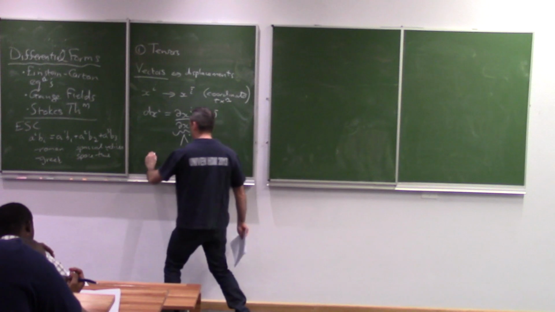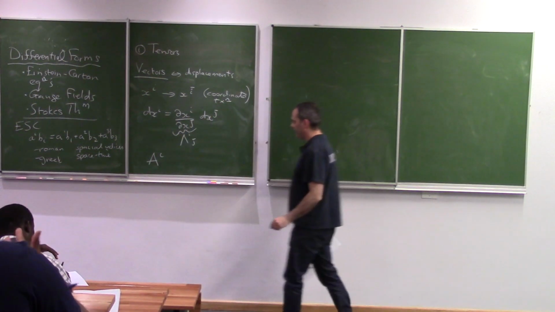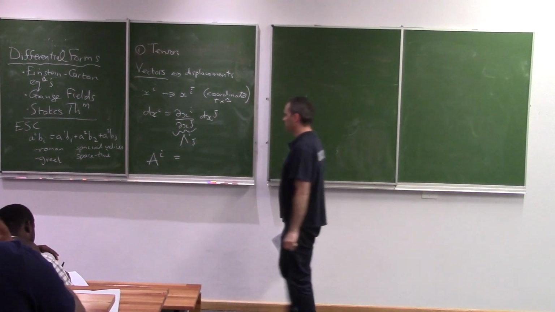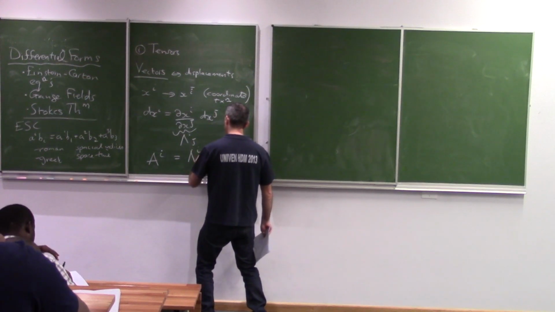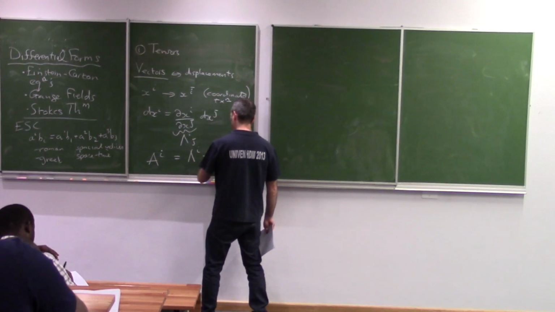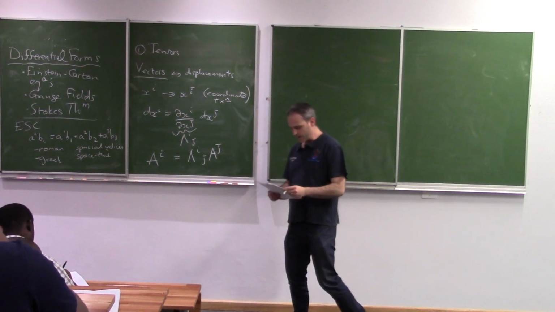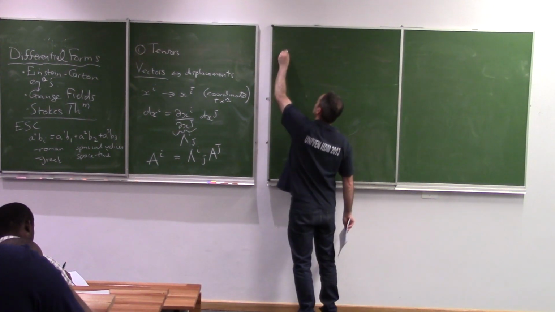So if I have some vector which has some components A_i, that's going to be related to the components in a different coordinate system by that matrix. Right, so that's how vectors transform.